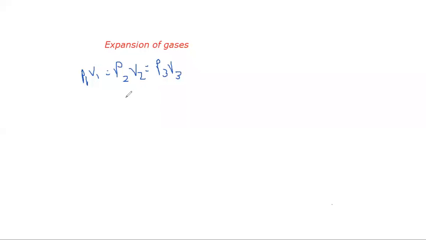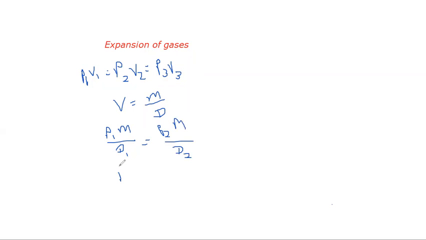What do we know? Volume is equal to mass by density. So instead of volume, we can write mass by density. So P1, mass is constant, so P1 m by d1 is equal to P2 m by d2.